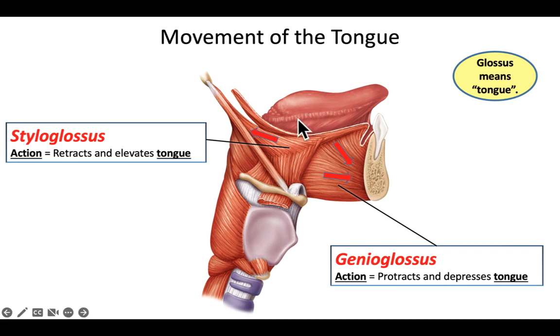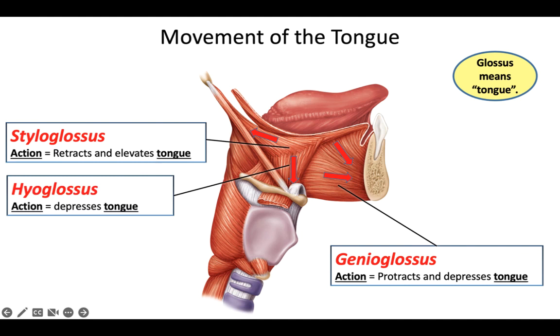So it's going to pull the tongue posteriorly, retraction, and up, elevation. So now if you stick your tongue out at someone using your genioglossus, you can pull it back in using your styloglossus. All right, and you can elevate and depress the tongue as well.